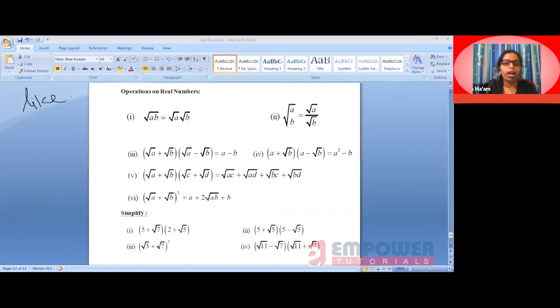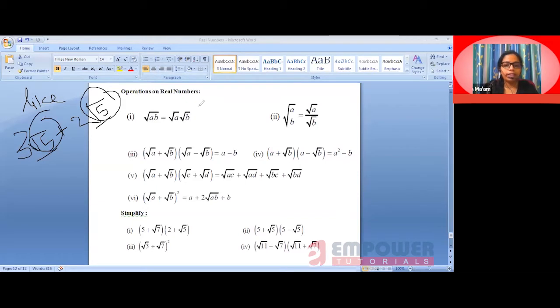Because if you have like surds, you can easily add or subtract them while doing addition or subtraction calculations of two irrational numbers. So let's say suppose you have 3 root 5 plus 2 root 5. In this case, this is like surds because in both the cases you have root 5.